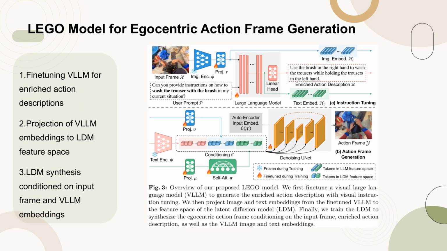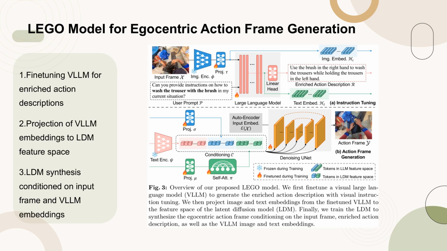Figure 3 provides an overview of our proposed LEGO model, which is designed to generate egocentric action frames. The process begins with fine-tuning a visual large language model, VLLM, to produce enriched action descriptions through visual instruction tuning. These enriched descriptions are then projected into the feature space of a latent diffusion model, LDM.